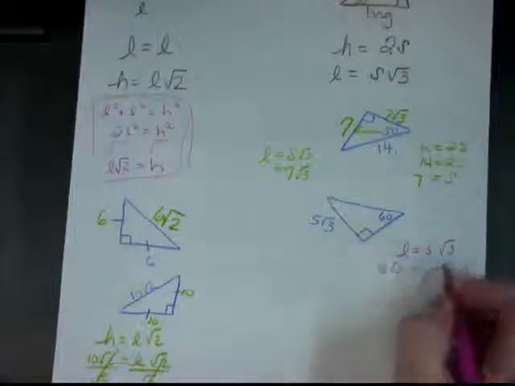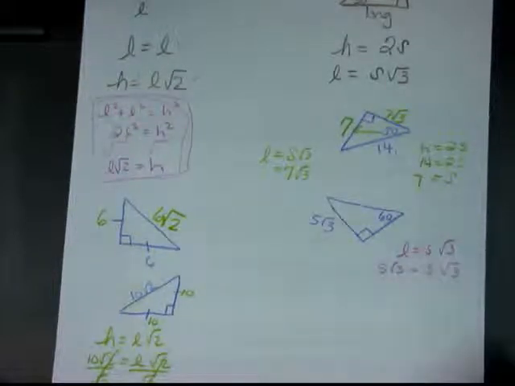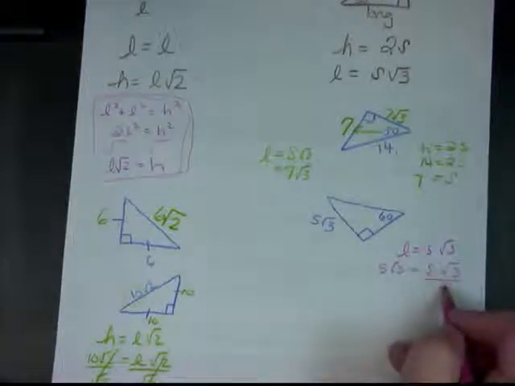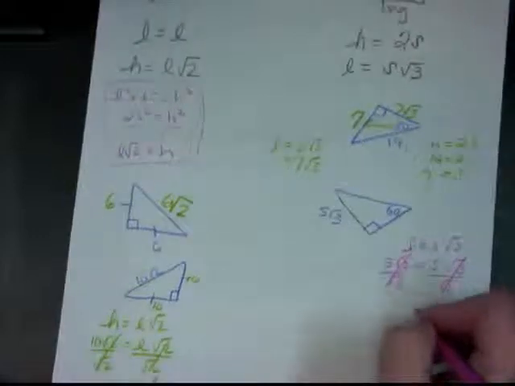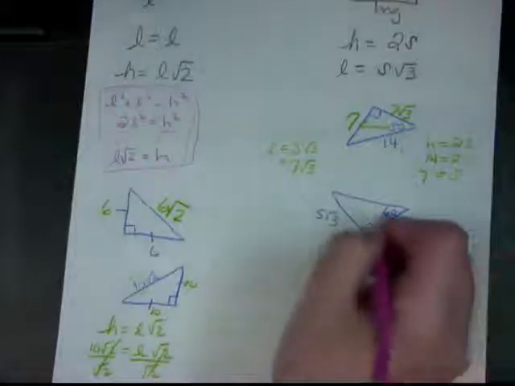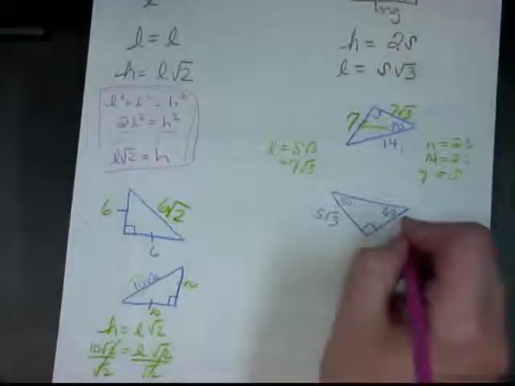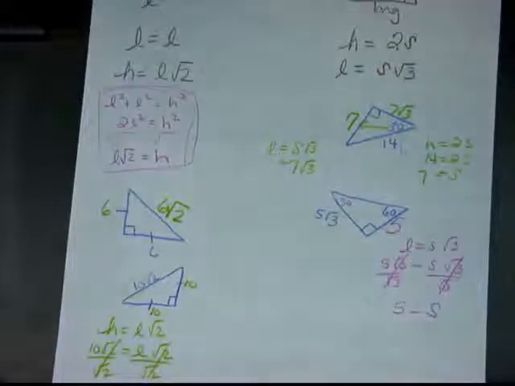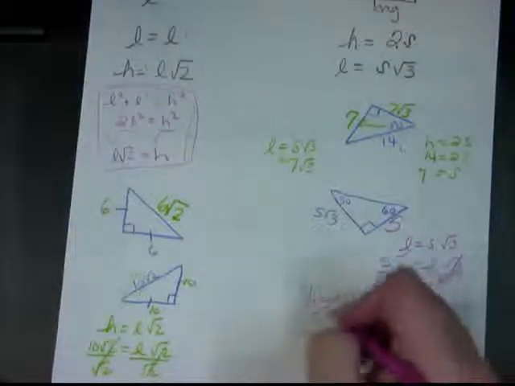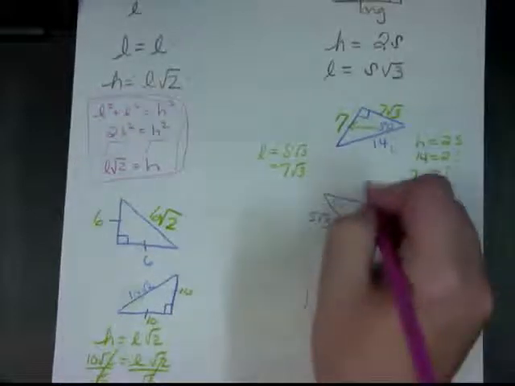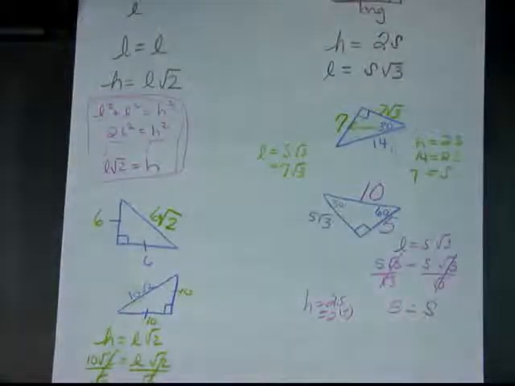So 5 root 3 equals the short root 3. Divide by the root 3. So the short side, which is this other angle, must be 5. Now we know the hypotenuse is twice the short, so twice times the 5 gives us 10.